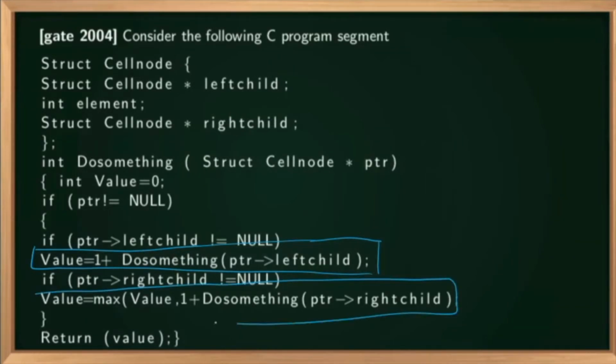We are not doing the same thing for left and right. So these two statements are not the same. That means we are not doing the same operation for the left child and right child. Everyone agree with that?